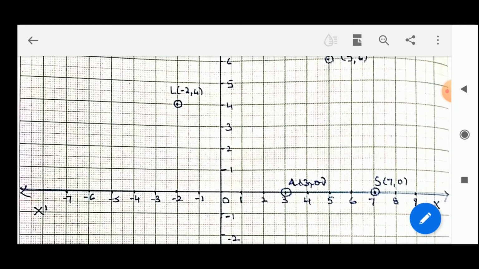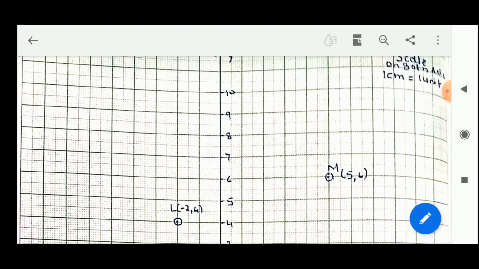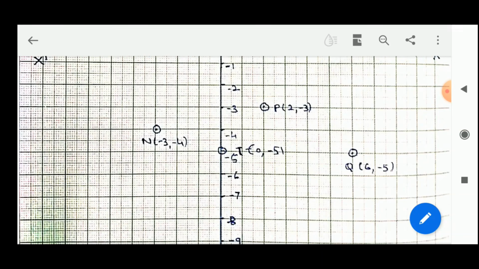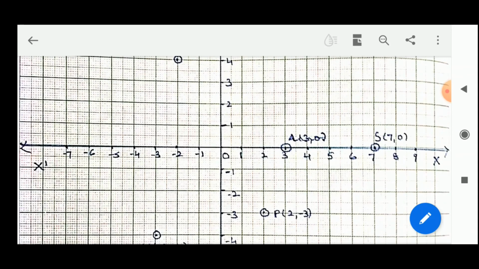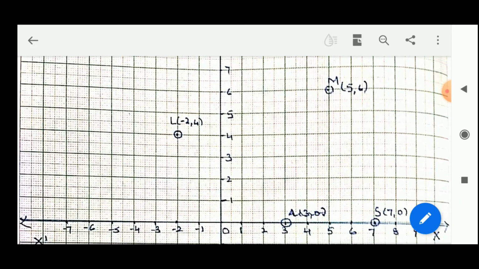Above the x-axis, on the y-axis take the positive coordinates, and below the x-axis take the negative coordinates -1, -2, -3, -4, -5, -6, -7, and so on. Now, when you have to plot the point M having the coordinates (5, 6), on x-axis take the coordinate 5, move up by 6 units, 1, 2, 3, 4, 5, 6.